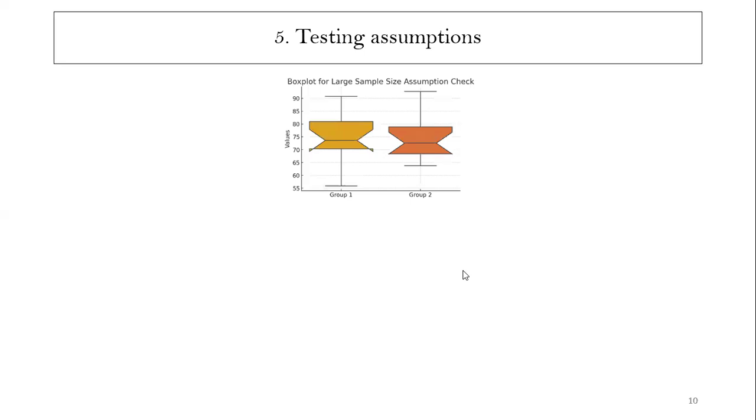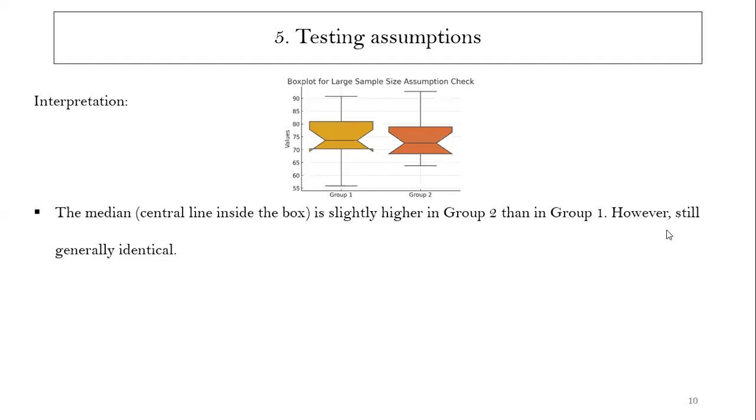But as you can see here, in the interpretation from this box plot, the median or central line inside the box is slightly higher in group 2 than in group 1, however, still generally identical.